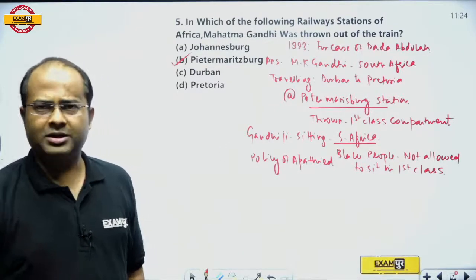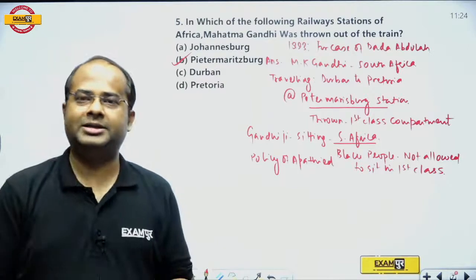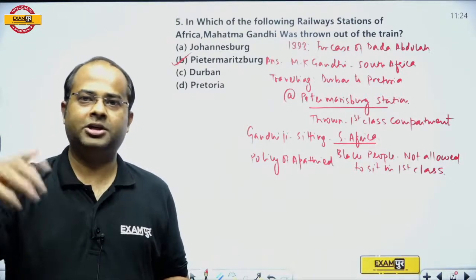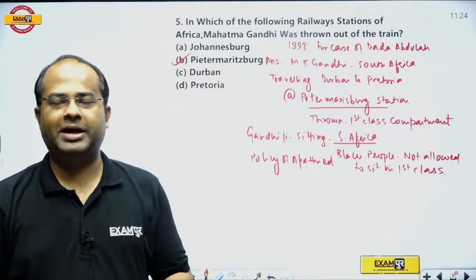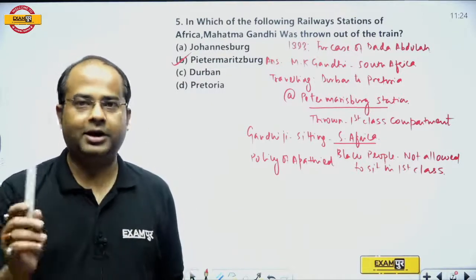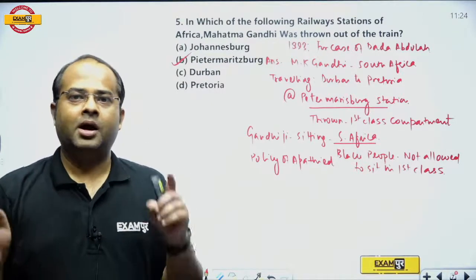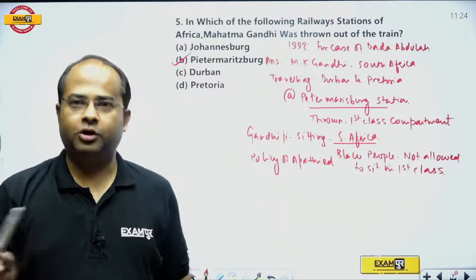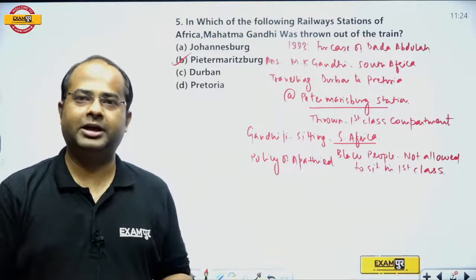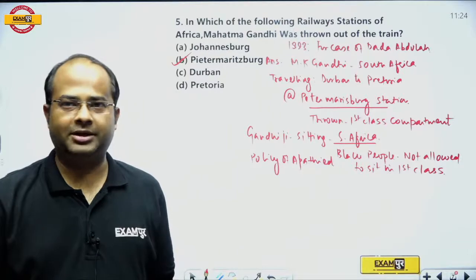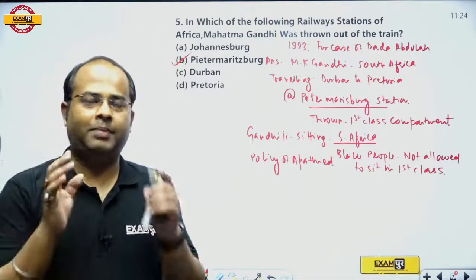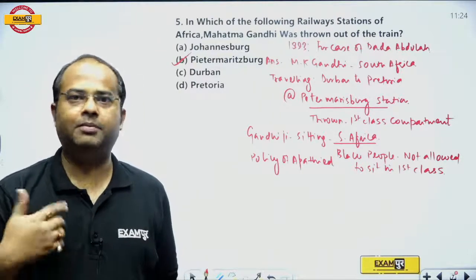So Gandhiji was an Asian person, so ticket checker said to him that at the next station you can shift to the second class compartment, although he has the valid ticket of the first class. But Gandhiji did not go. He said to the ticket checker that better you can throw me outside the train, but I will not change my compartment by myself.